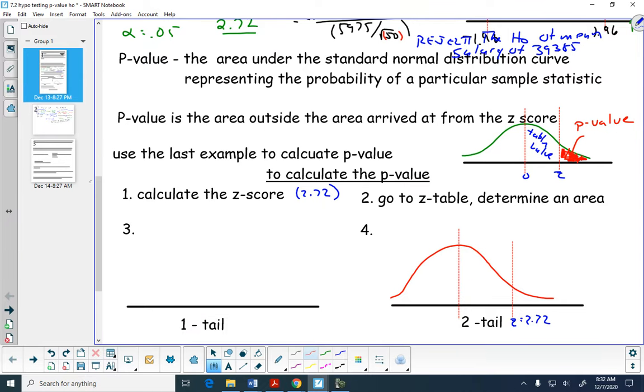I'll just find the value here. 2.72 from our z-table is 0.4967. So our table value for this particular example is 0.4967.